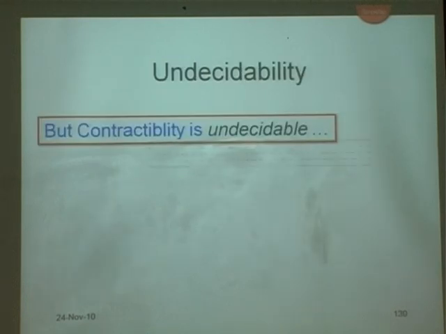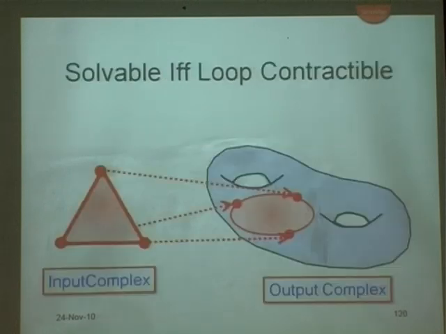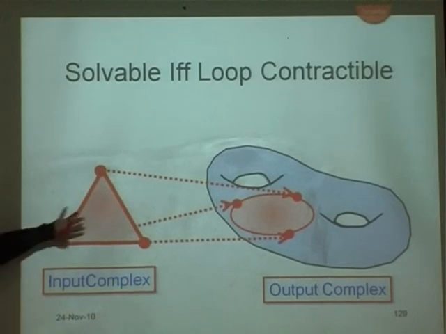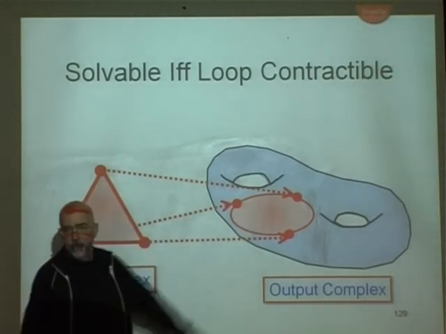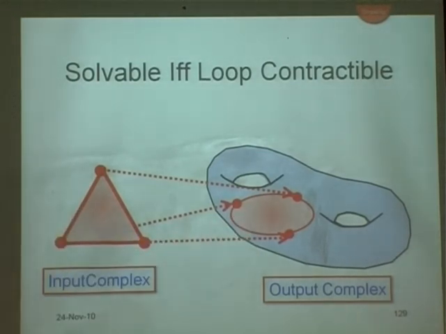But what does that mean? Well, it means that this loop here has to be contractible, because I can take this loop and continuously deform it, and that induces a continuous deformation to a point over here. And so the question, does this problem have a solution in wait-free read-write memory, is equivalent to asking, is that loop contractible?